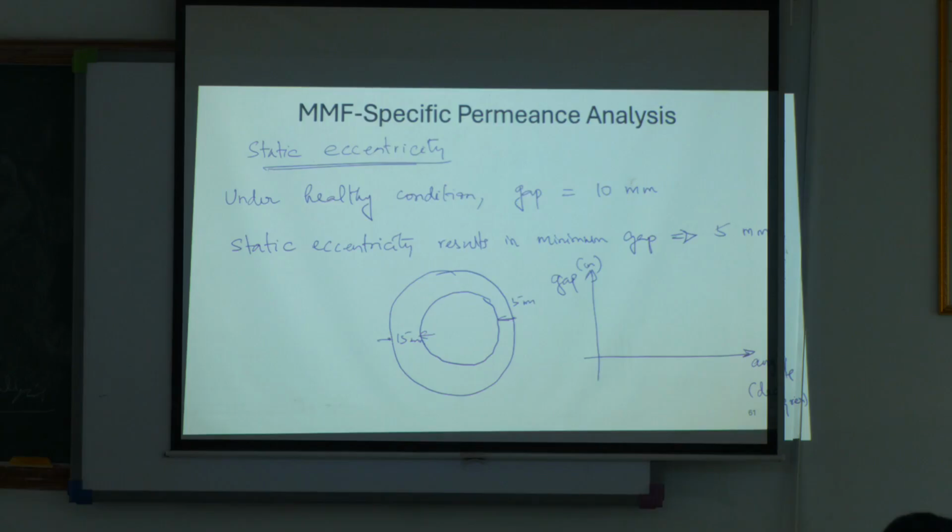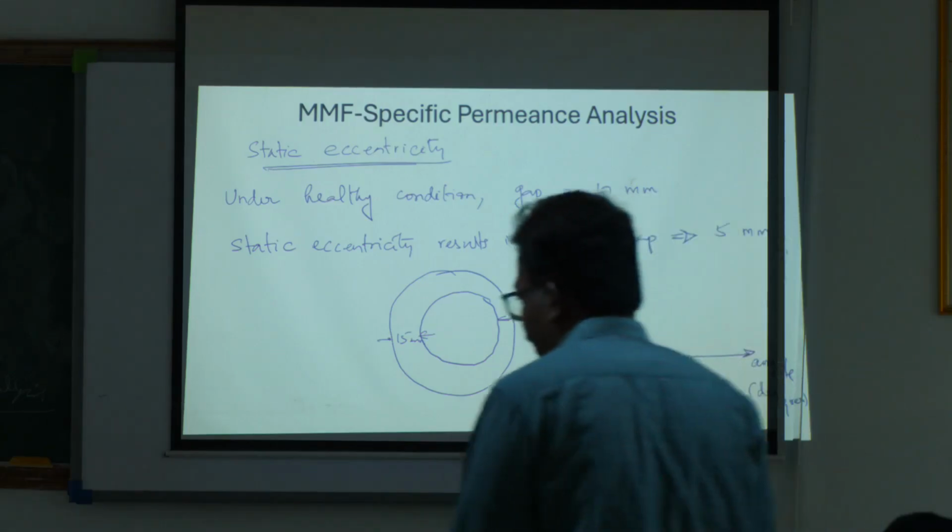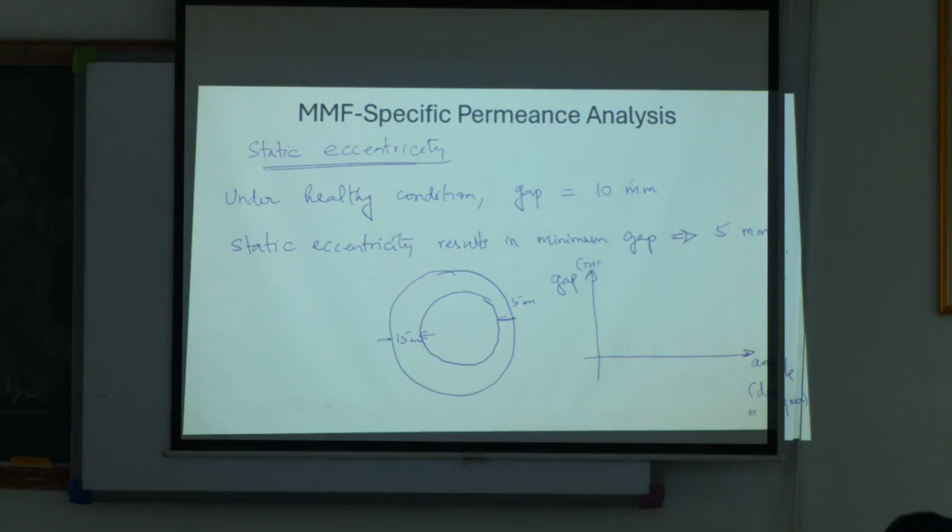Healthy condition was a flat 10 mm. Is everybody following? Healthy condition is a straight line at 10 mm. When I have 5 mm minimum distance and a static eccentric fault, how will my air gap vary along the angle? The minimum will be 5 mm, the maximum will be 15.